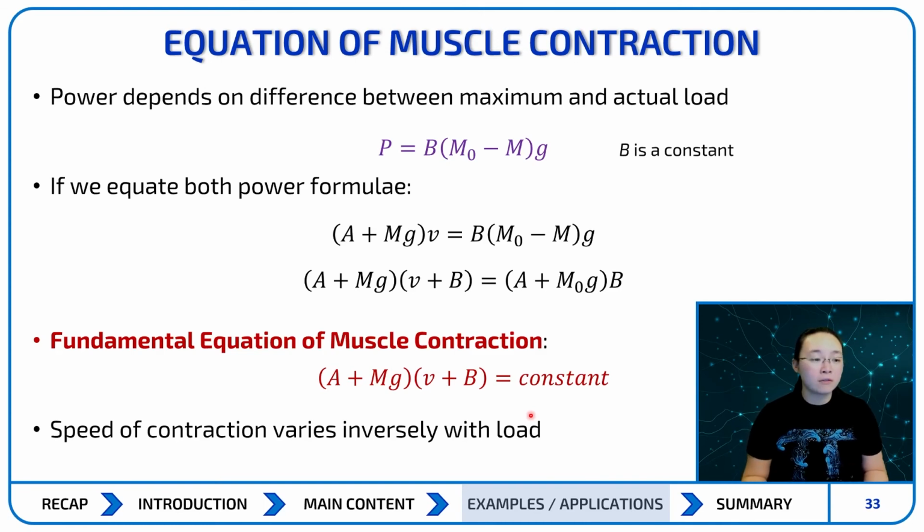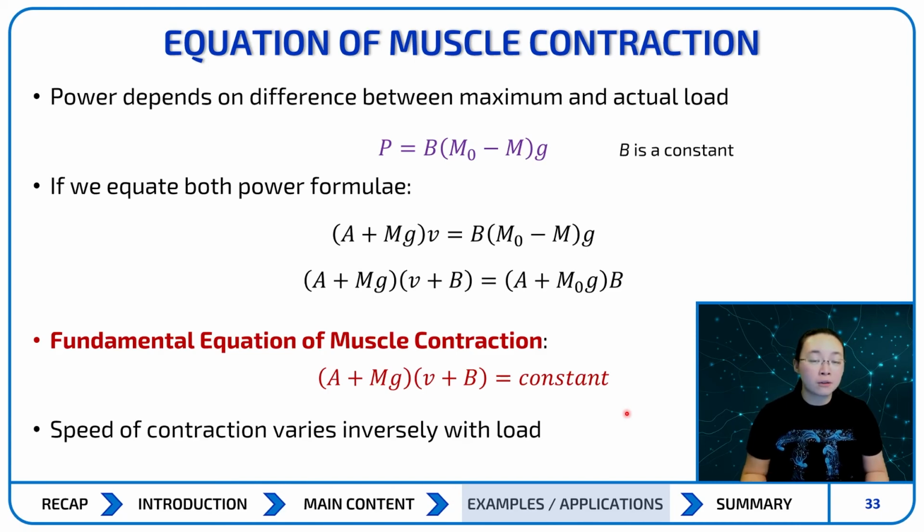And why is it called the fundamental equation of muscle contraction? It's primarily because you have two variables here: you have m and you have v. Because they're both equal to constants, if I move a plus mg over, it's going to directly indicate that speed is inversely proportional to load.